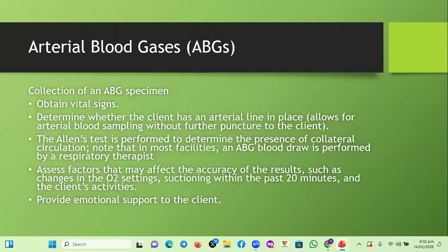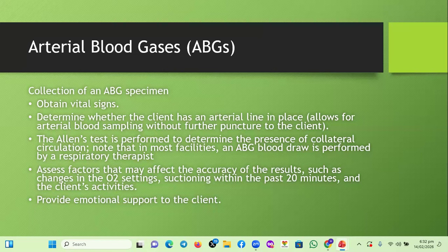Then you need to assess factors that may affect the accuracy of the results, such as changes in oxygen setting, whether the client has been suctioned within the past 20 minutes, and the client's activity.